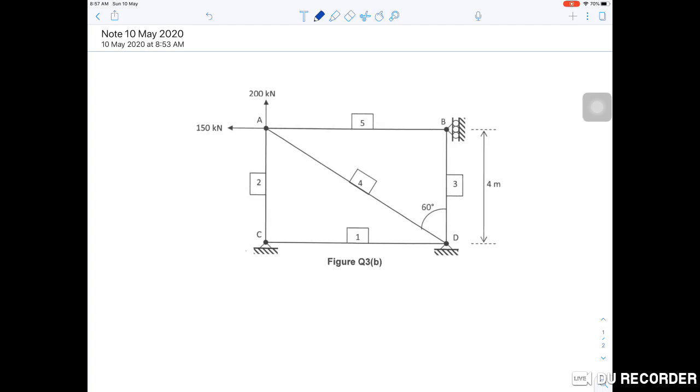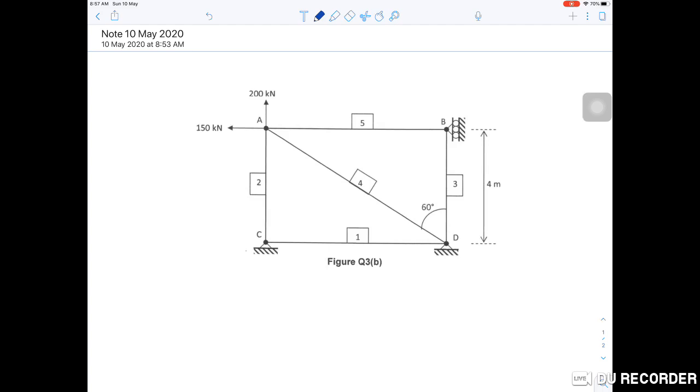Label this diagram. Okay, number 1, we have to label. Okay, we have to check. Okay, this truss has 4 nodes A, B, C and D. Okay, and the element number has also been given.